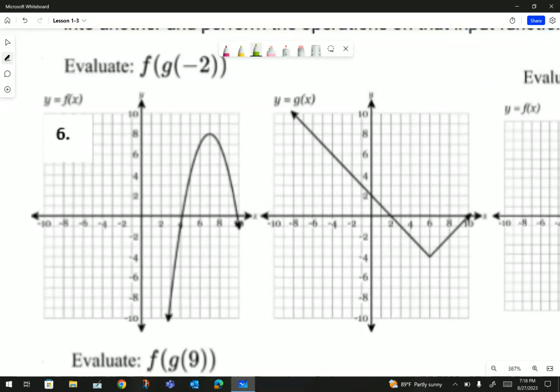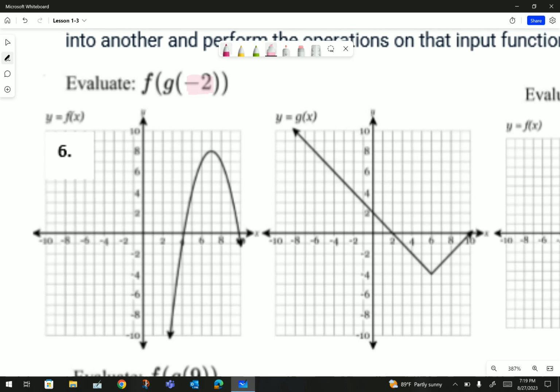Number 6 has two graphs that are given to us, the F graph on the left-hand side and the G graph on the right-hand side, okay? Now, when you start with a composition problem, F of G of -2, I want you to always begin with the inside and work your way out.